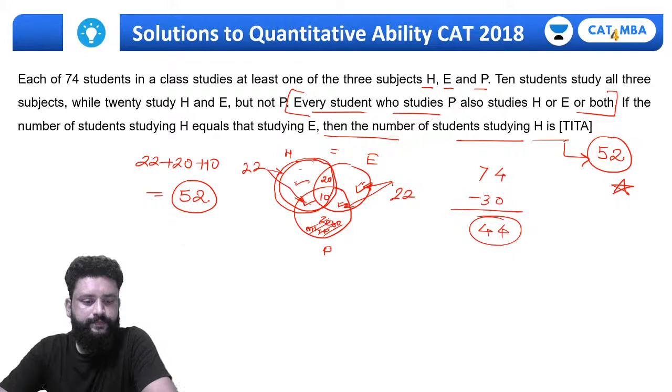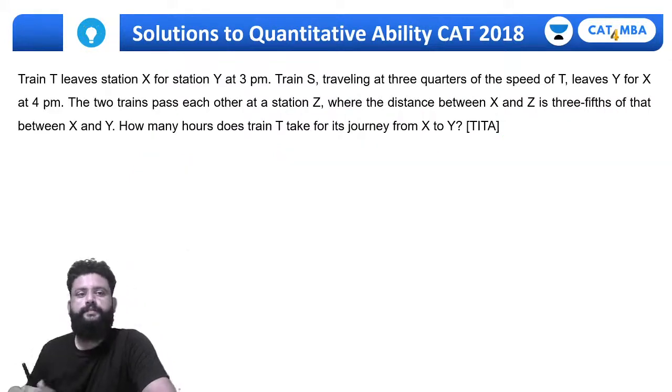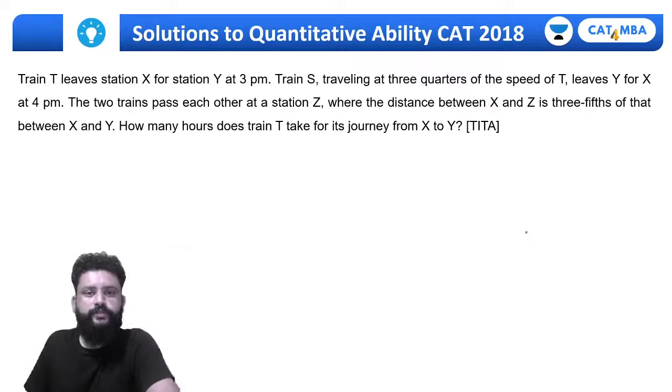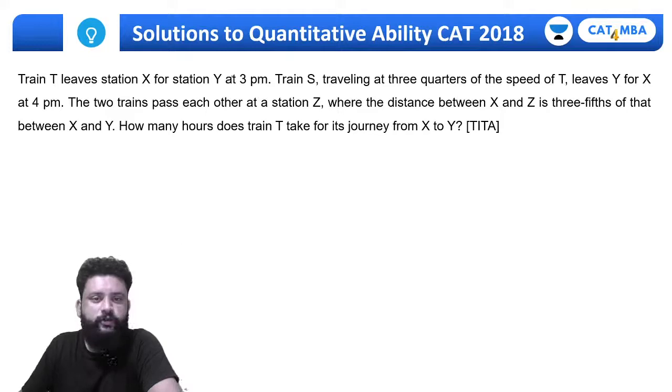Let's go for the next. Again, simple question from speed, time, distance. Train T leaves station X for station Y at 3 p.m. Let's quickly analyze the question.